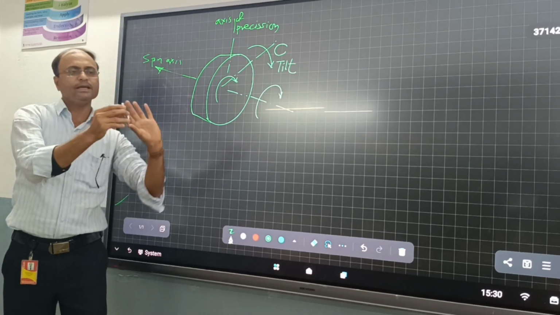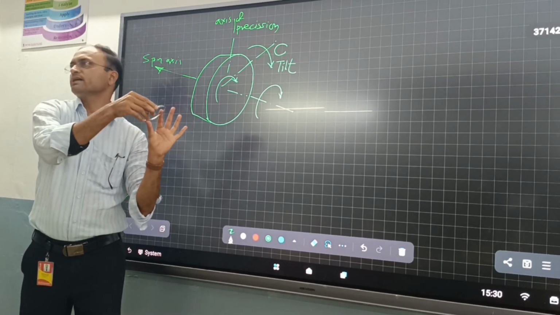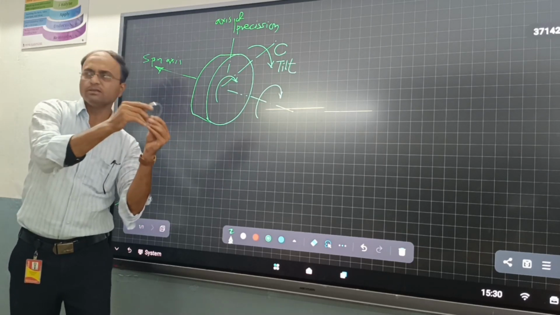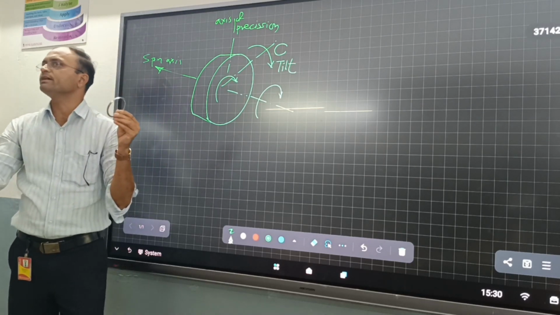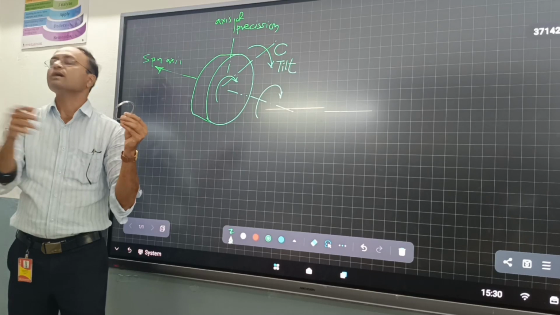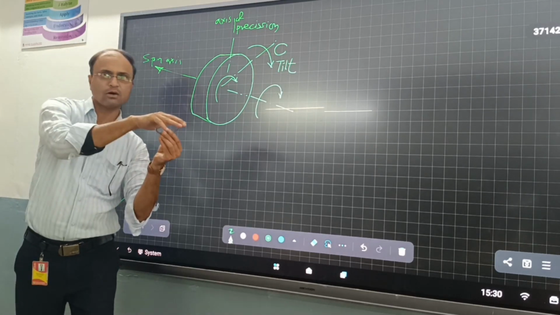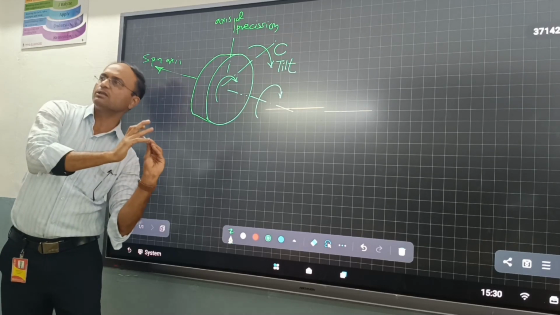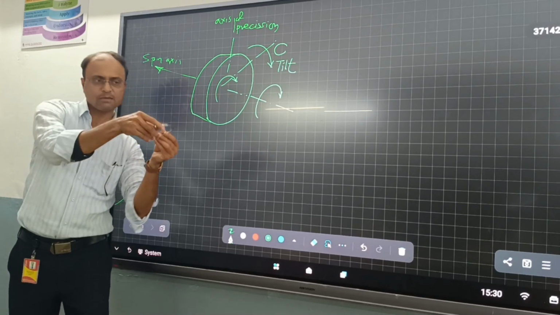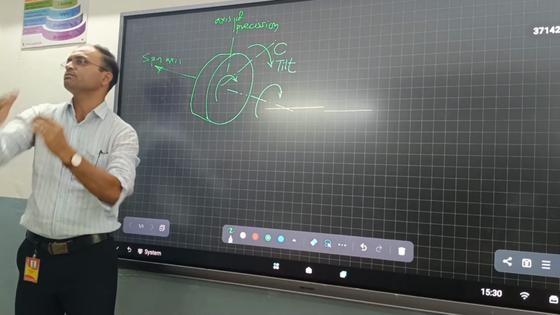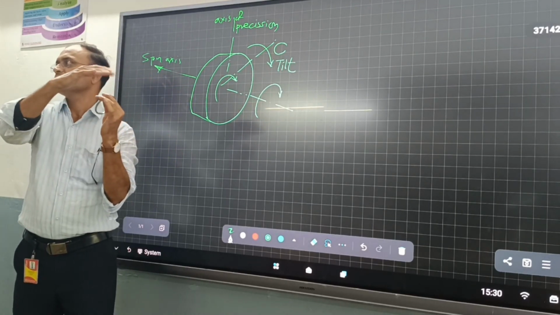Outer means outer of this curve. So it tries to tilt on this side. But how do you counterbalance that effect? We counterbalance that effect by tilting on the opposite side. So this couple is counterbalanced by our tilting on the other side. This is the way we can traverse that particular turn or radius. Have you understood?